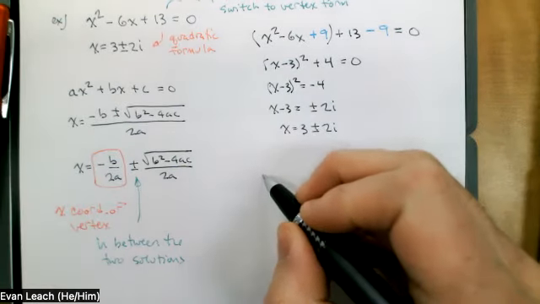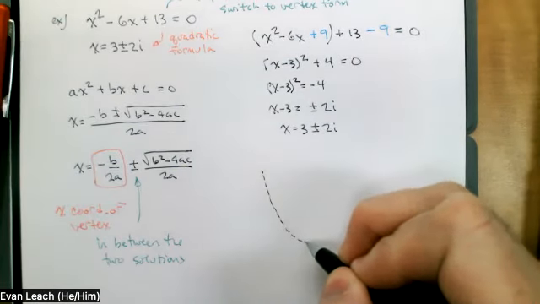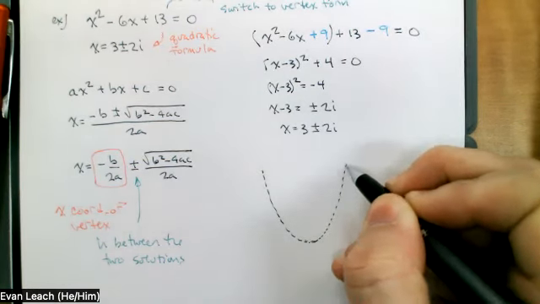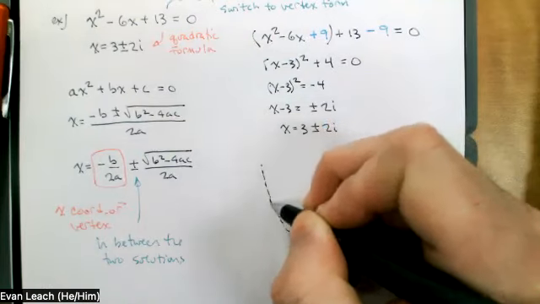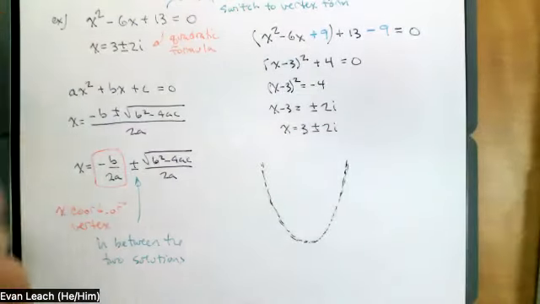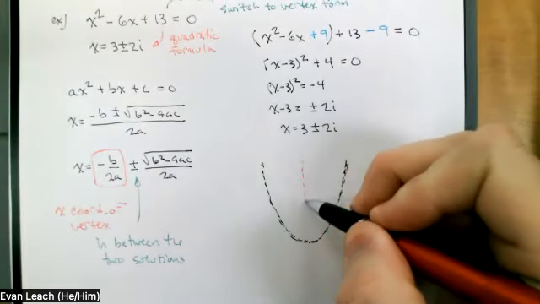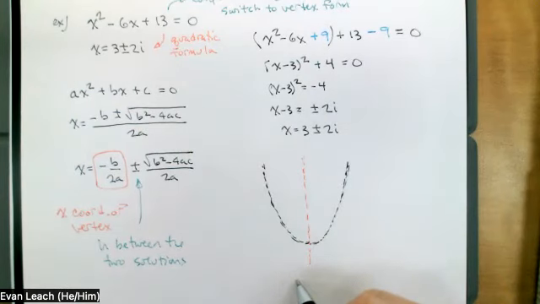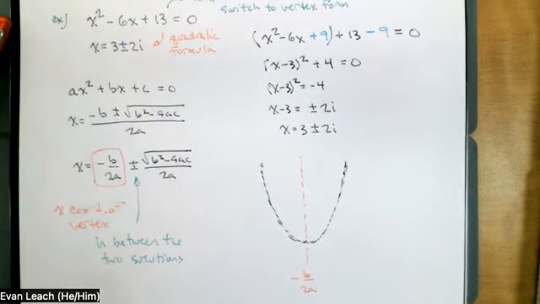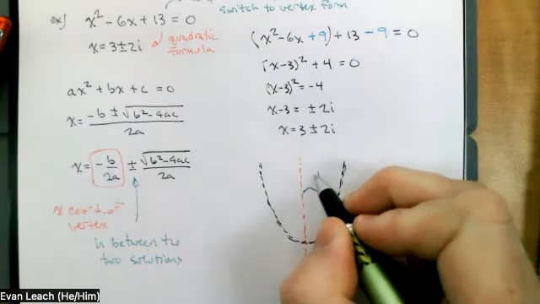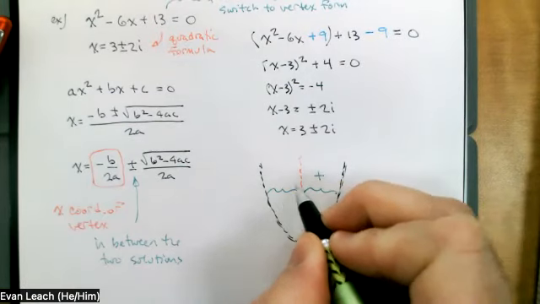So if we have a parabola, by writing the quadratic formula in these two separate pieces with the plus or minus in the middle, we're highlighting the symmetry of the parabola, where a vertical line through the vertex is negative b over 2a, and then here's plus and minus.